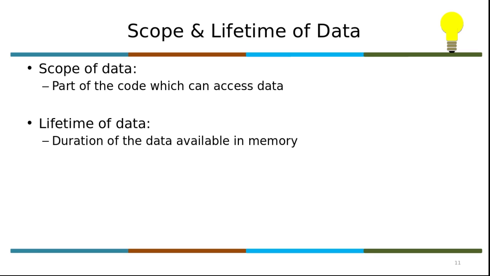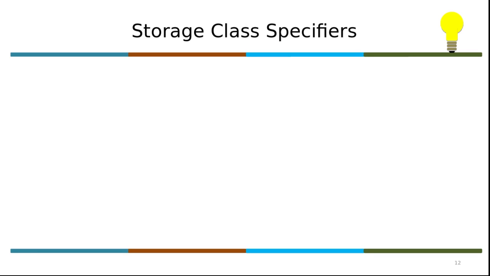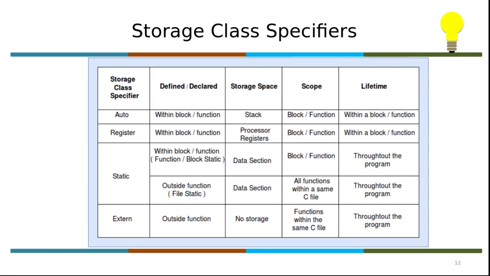So in a nutshell, we have brought about this chart to make it easy for you to see the complete picture in one chart. See here, if the storage class specifier is auto, then it is only defined within a function or within a block, right? I will leave it for the audience to find out what this block is.